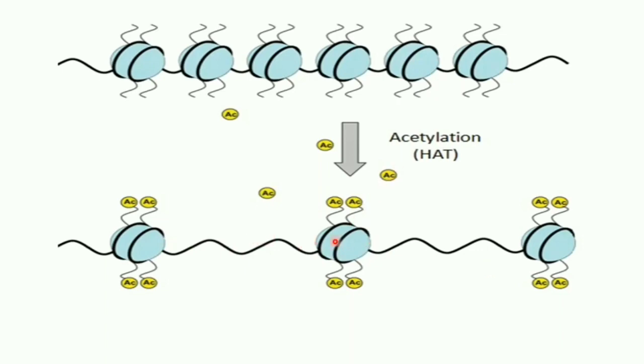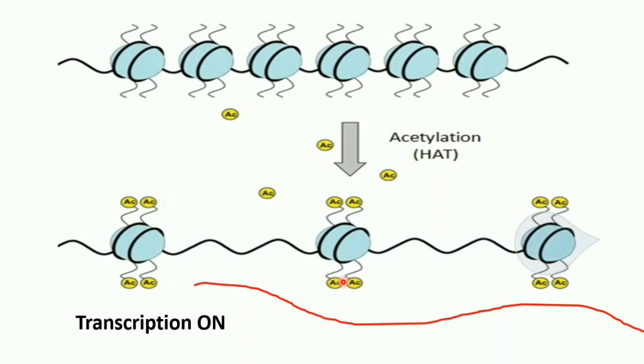Only when the euchromatin forms, the acetylation binds, and that leads to RNA polymerase binding and mRNA being produced, and transcription is on. Here the gene is on. While in heterochromatin, it is off. Okay, so acetylation will lead to the gene being on. That means transcription is on and mRNA is produced, and translation produces the protein.